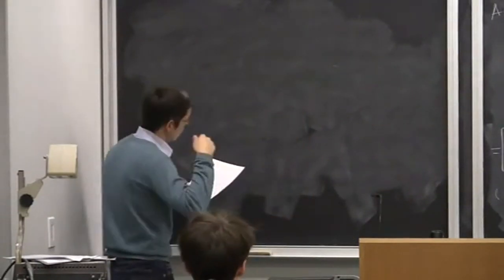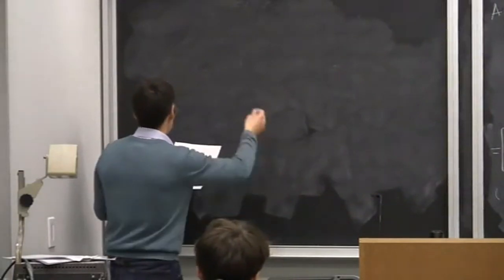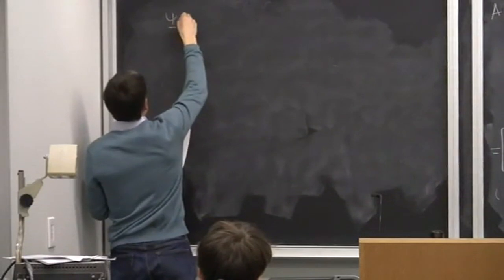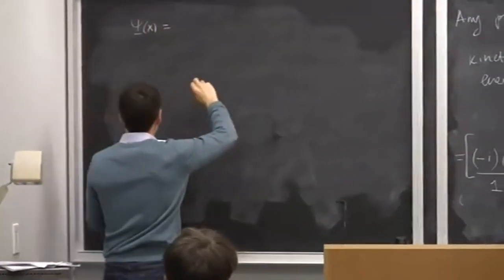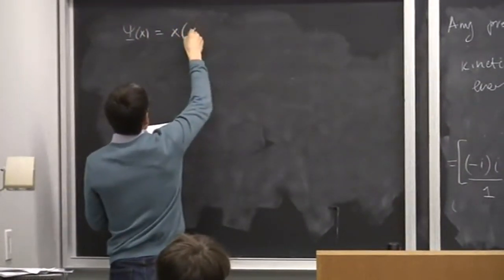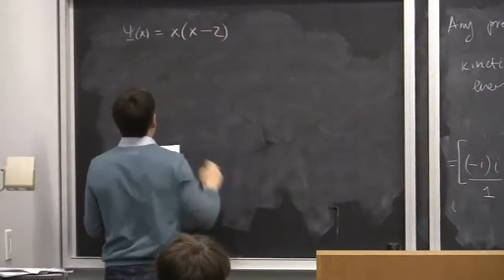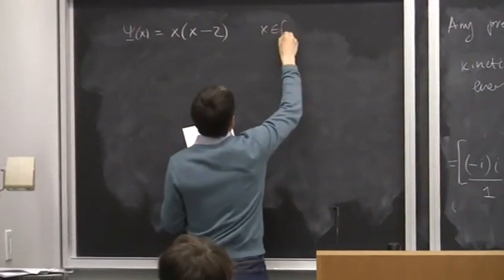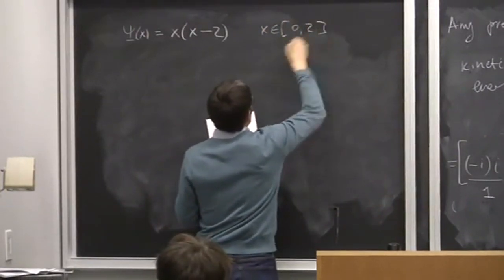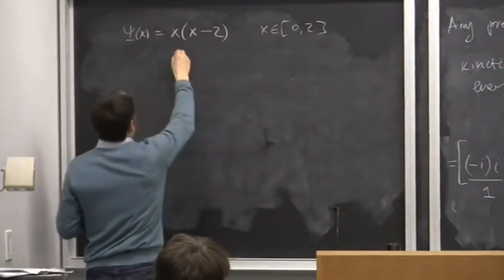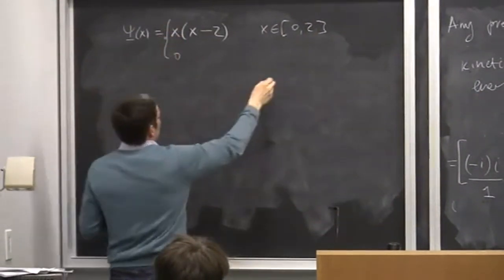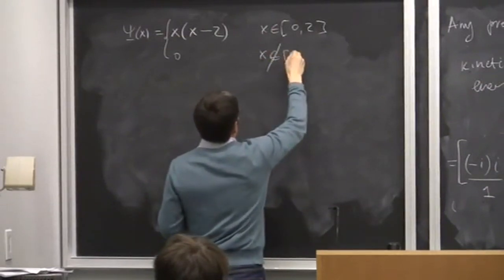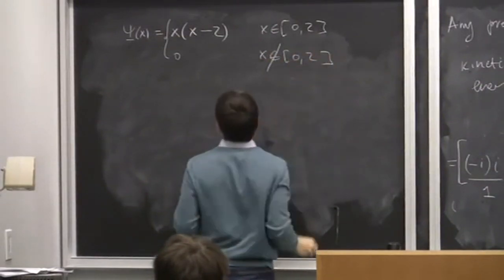To create such an example, let me give you a function which is x times (x minus 2), and that is for x between 0 and 2. And then it is 0 for x outside of the 0 to 2 range.